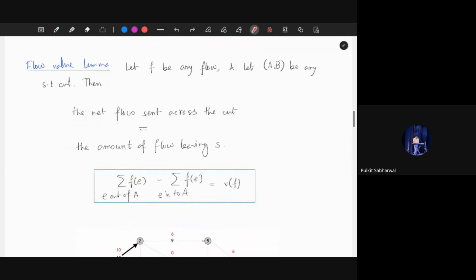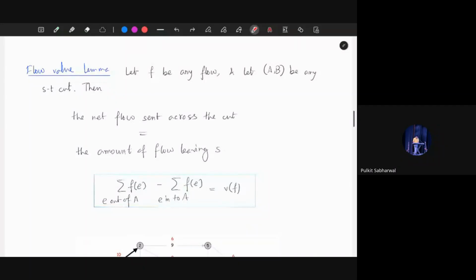So one observation is this lemma: for any flow and for any cut, the net flow that you send across the cut is equal to the amount of flow that leaves our source.